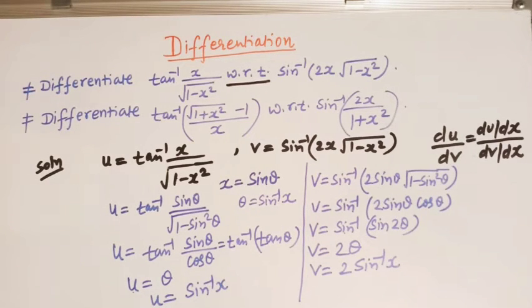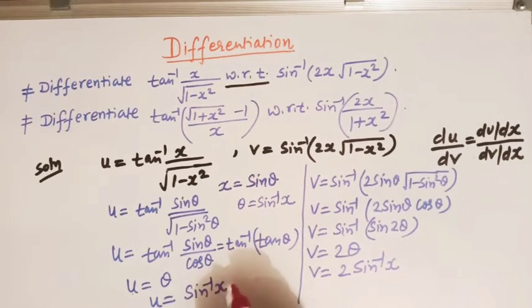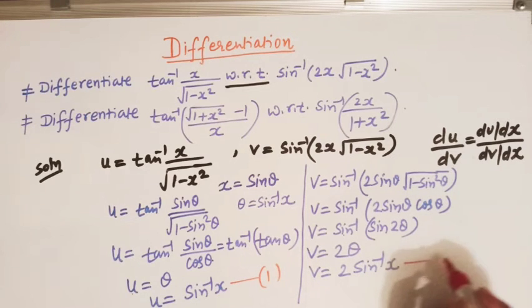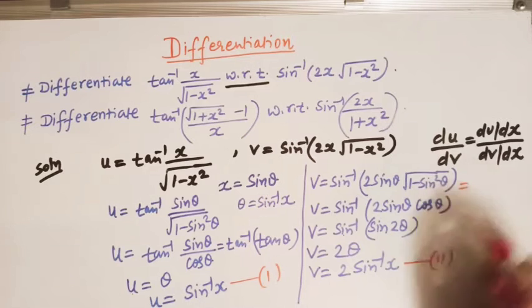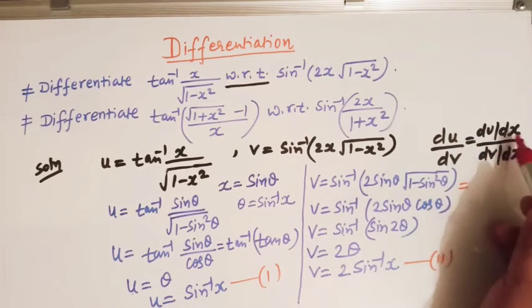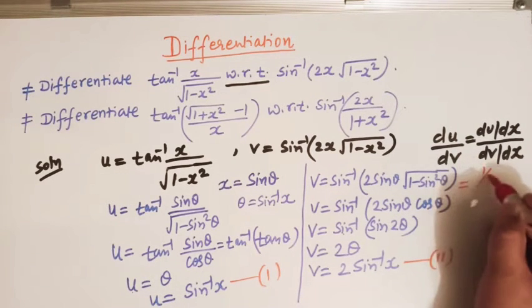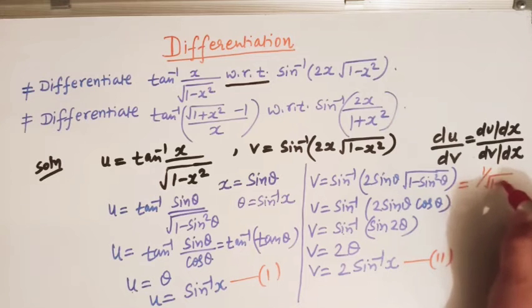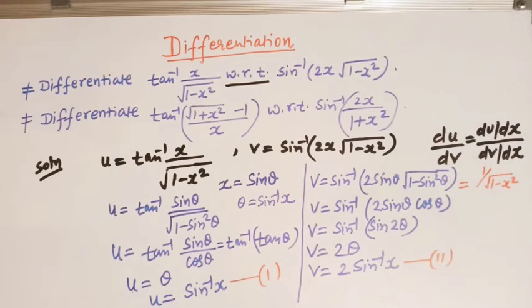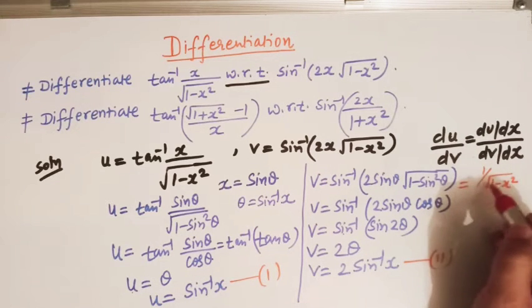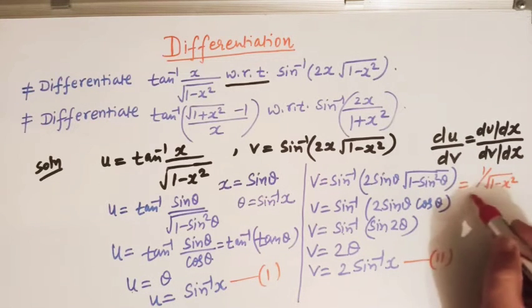now viewers, here we have seen that u is equal to sine inverse x, and v is 2 sine inverse x. So what is the value of du over dx? So if we find the derivative of u with respect to x, we get 1 over square root of 1 minus x square, because the derivative of sine inverse x is 1 over square root of 1 minus x square.